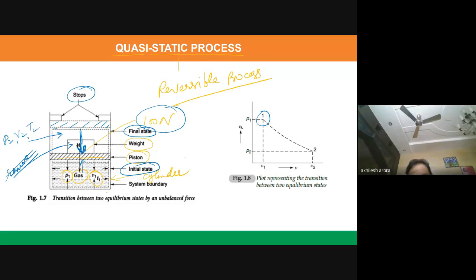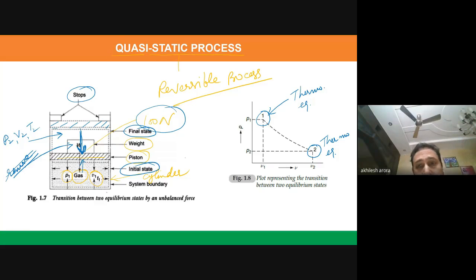At this moment, the system is also in an equilibrium state. This state is shown here by point number 2, because the volume has increased, whereas the pressure has reduced. We are not worried about what is happening to the temperature, but we know state point 1 is a thermodynamic equilibrium state, and here also state point 2 is a thermodynamic equilibrium state.